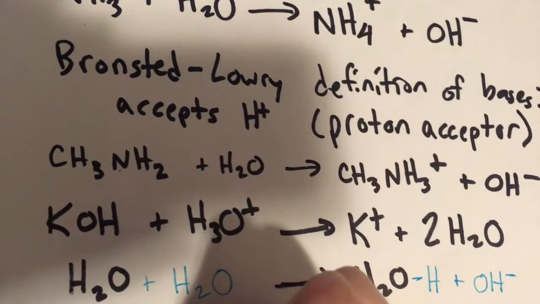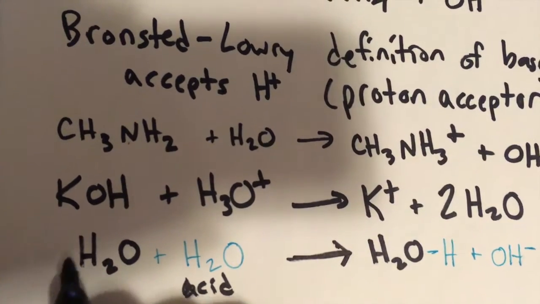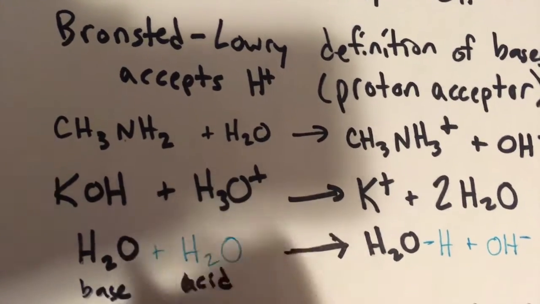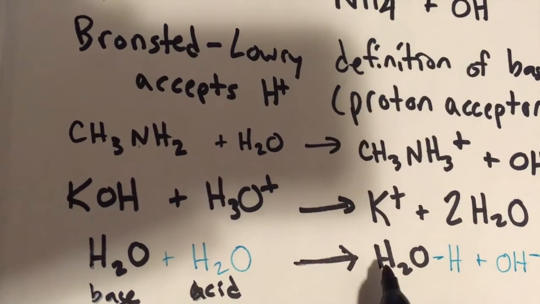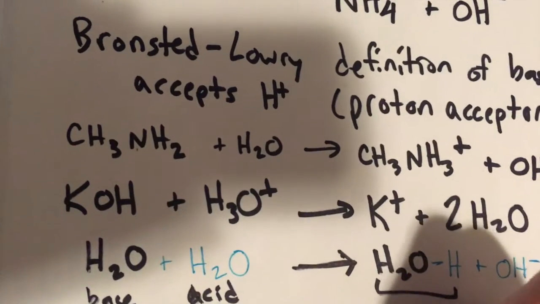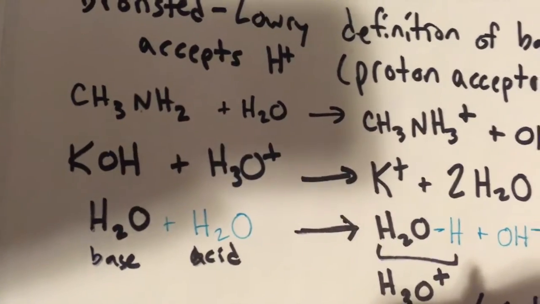So this water is the one that's acting like an acid and losing H+. The other water is gaining H+. So this water is really acting like a base. And I've written this chemical formula weirdly because I wanted to show the water bonded to the hydrogen, but really water bonded to an extra hydrogen is just hydronium, H3O+.